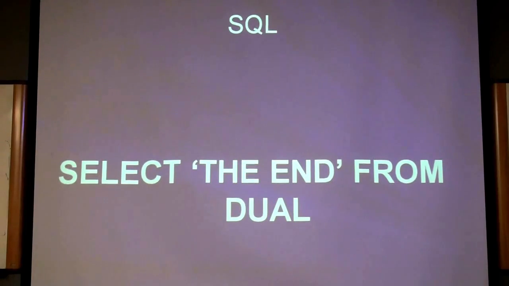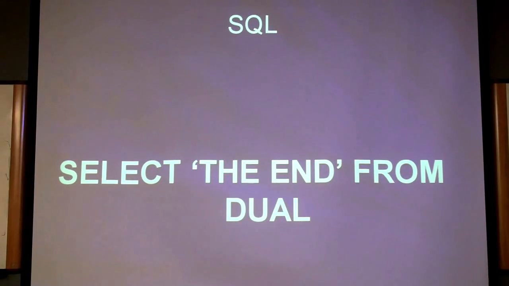And the last thing, they may ask a question about dual. It says select the end from dual. If you execute this statement, you'll get end printed. What happens is that the end is a literal. We don't have the end defined anywhere in the table dual, but we cannot simply say print because the SQL language does not understand print.